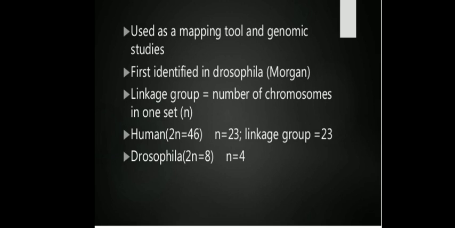In the female, 22 pairs of autosomes plus 2 X chromosomes, that is 23 linkage groups, are present in human beings, whereas in Drosophila, 4 pairs of linkage groups are generally present.